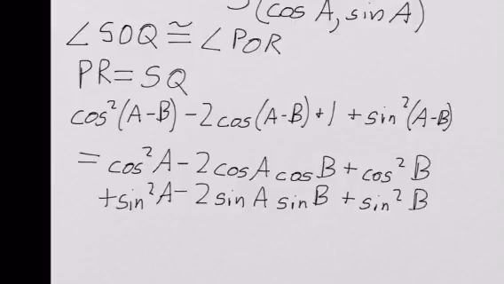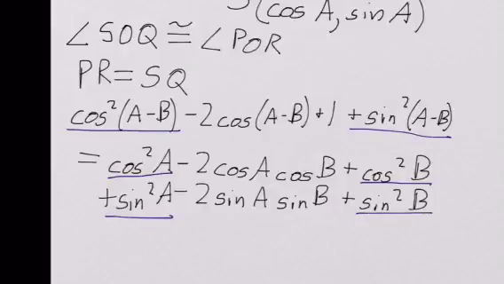So now at this point I'm going to change colors here and do some underlining. We have the cosine squared of a minus b and the sine squared of a minus b. Cosine squared of a and sine squared of a. Cosine squared of b, sine squared of b. Well, we can use the identity sine squared x plus cosine squared x equals 1.